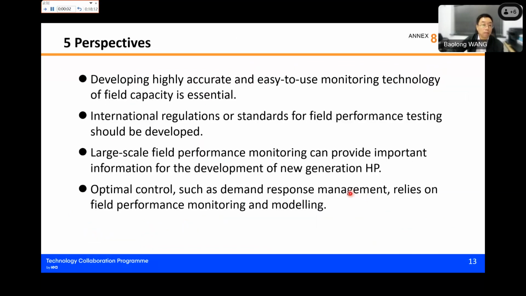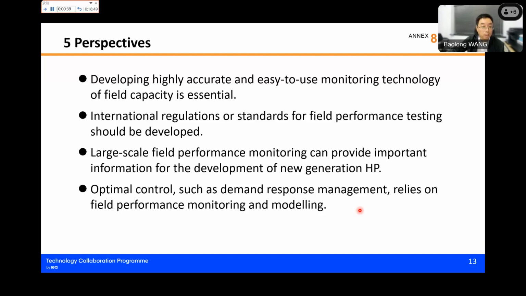So, going to the final part, from the current research we can get some very important perspectives. One thing is that until now, there is still not a very good monitoring method. Developing highly accurate and easy to use monitoring technology for field capacity is essential.